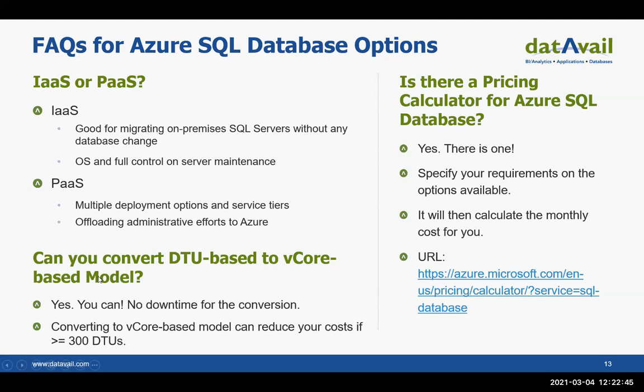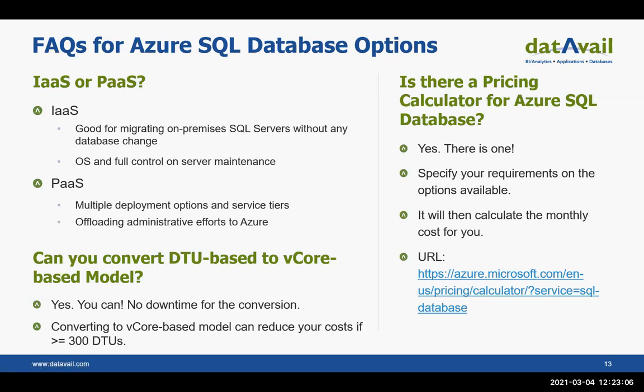Okay. Another most commonly asked question is, can you convert, right? We already talked about the 2 different models, right? Can you convert from DTU based to vCore based? Great news. Yes, you can. And there's no downtime for the conversion, okay?